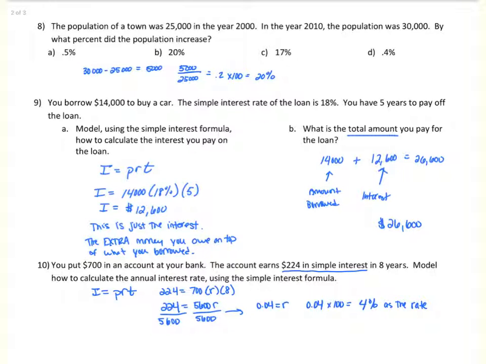Rate is normally written as a percent. If you left your answer as a decimal, I still gave you credit, okay? So just remember that in the future, though, that your rate in dealing with money and simple interest like this should be left in the form of a percent. So therefore, it's a 4% interest.